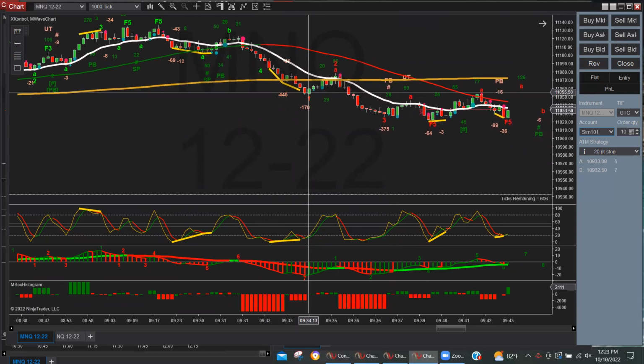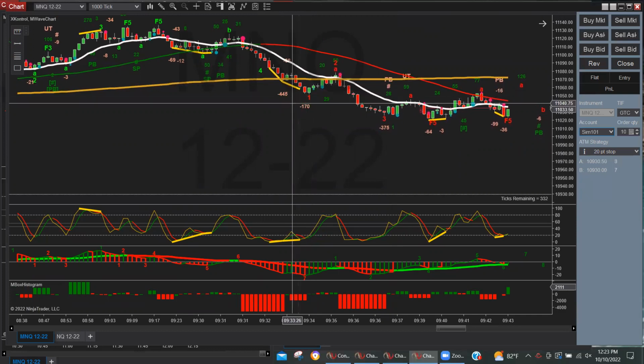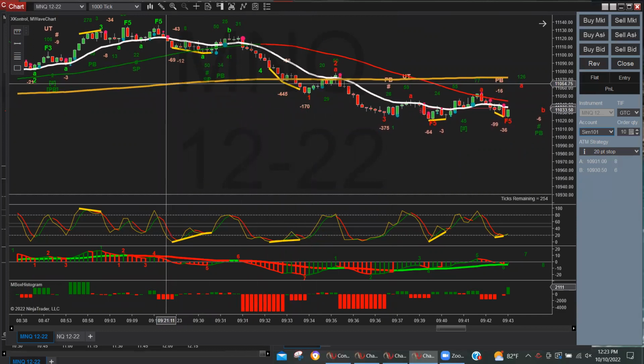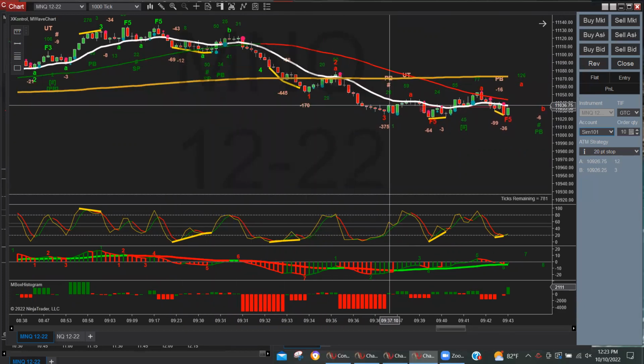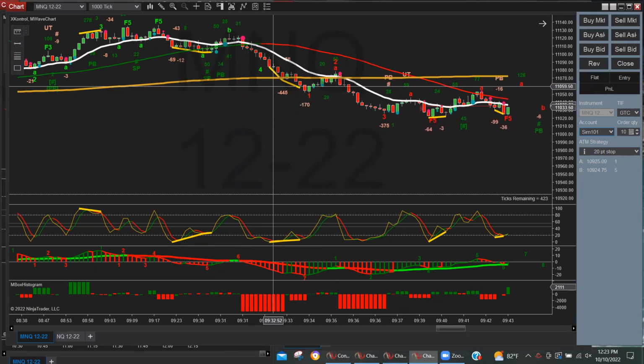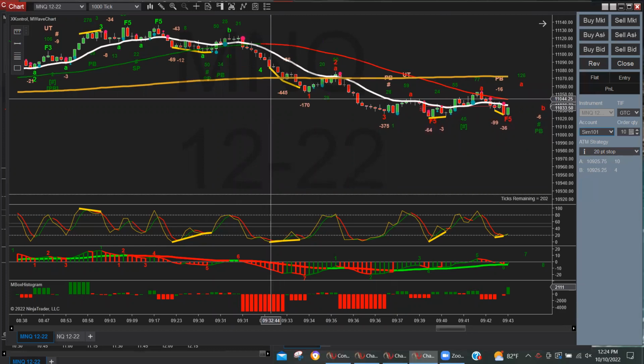Follow me on that? Yes. This 1,000 tick chart basically is a lot smaller chart. You see the candles are smaller than you will see on a 5-minute or 15-minute, because those can be very big, long candles.